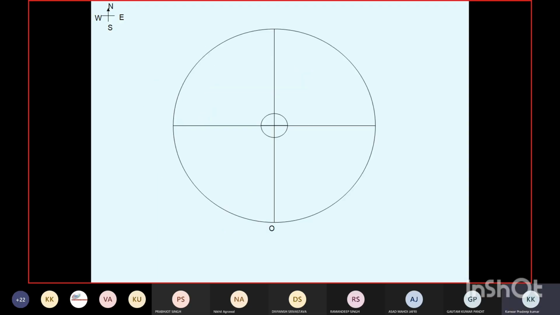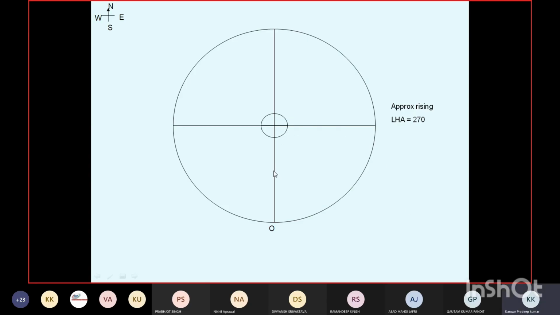This is the diagram I had drawn on the board. The vertical one is the observer's meridian. The observer is somewhere over there. So the LHA of the body at the time of rising, in the sense when it is bearing east, is 270, because you are going around from this point.